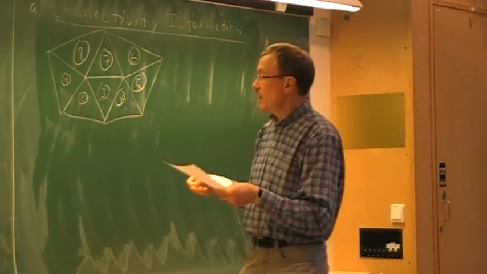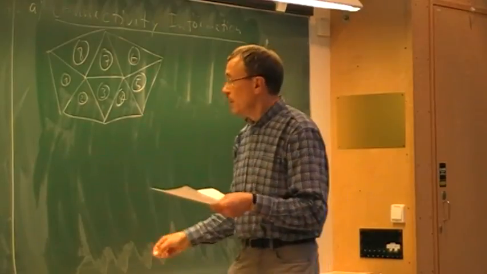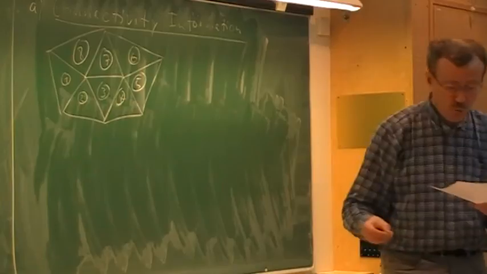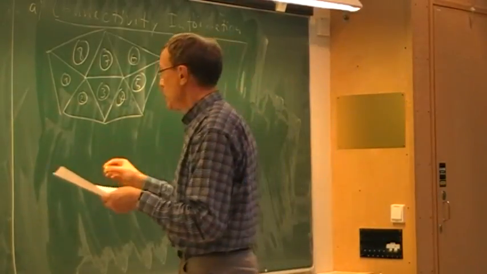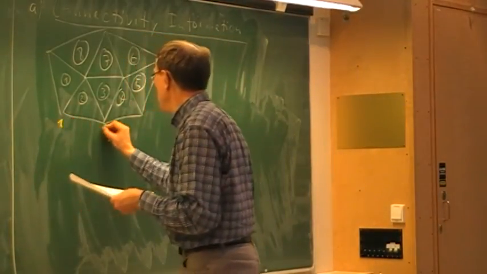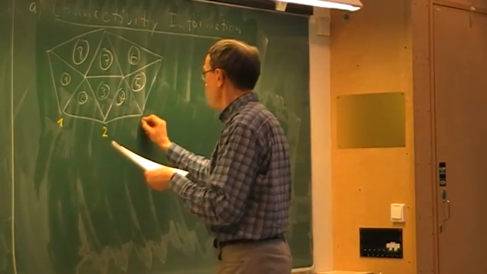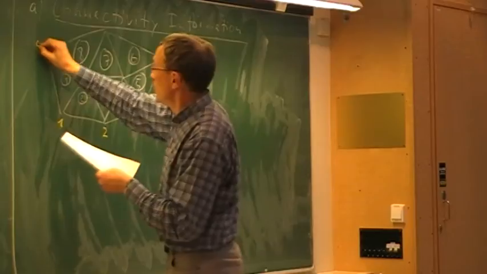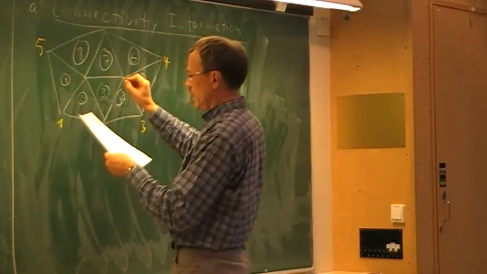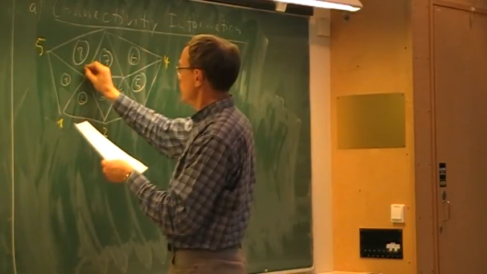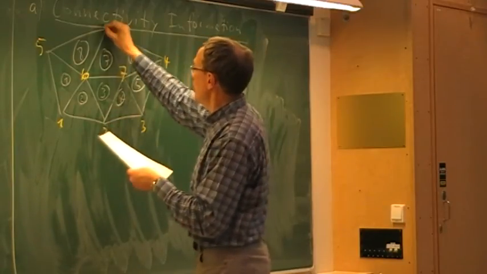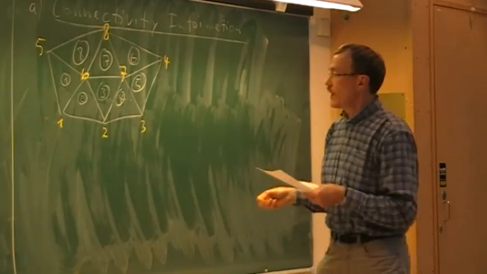You also have a numbering of the nodes, which would be something different. You would have node numbering: 1, 2, 3, 4, 5, 6, 7, 8, for example. So those are the nodes.